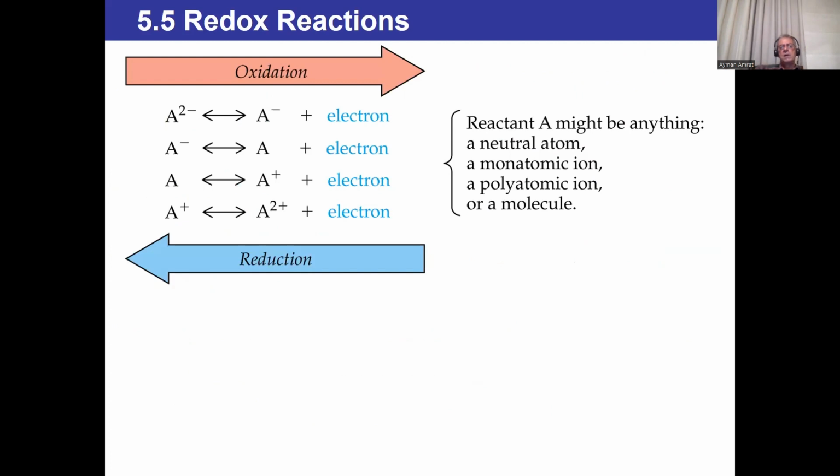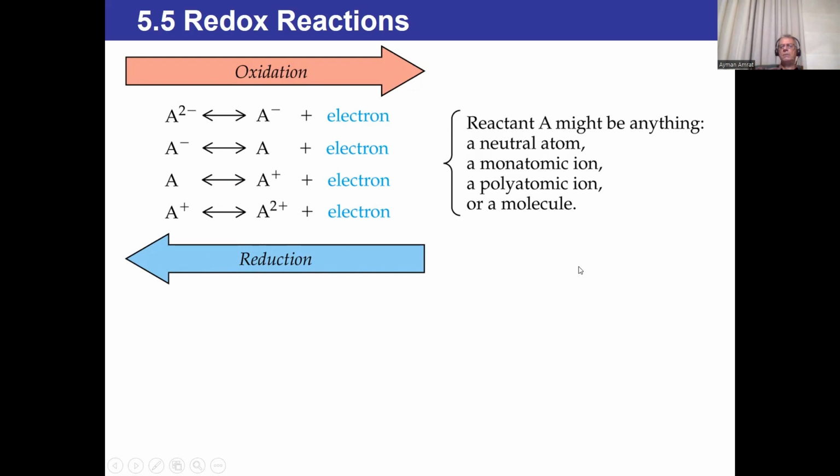Here A2 minus converts to A minus by losing one electron. So this direction is oxidation, while in the opposite direction, A minus gains one electron to convert to A2 minus. This is the reduction.